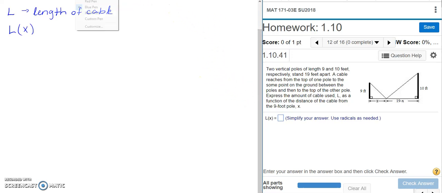Now, pretty much what we should be seeing is, oh, this is a right triangle. Right triangles have formulas for us to use. We'll do this one first. If this is a right triangle and I'm trying to figure out this side, that's the hypotenuse. So we use our Pythagorean theorem.